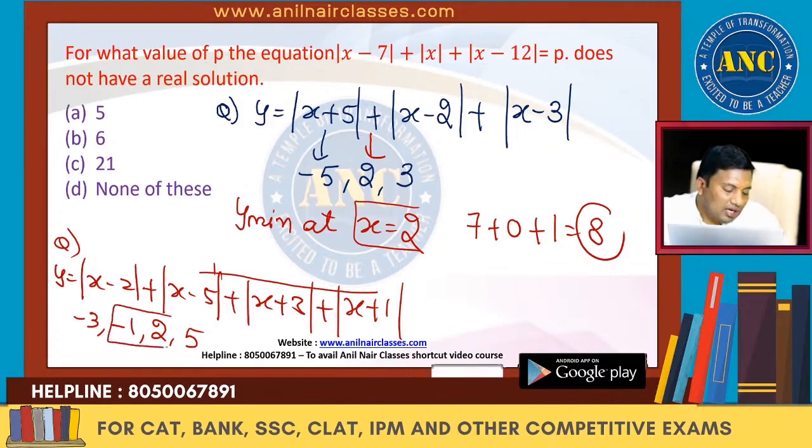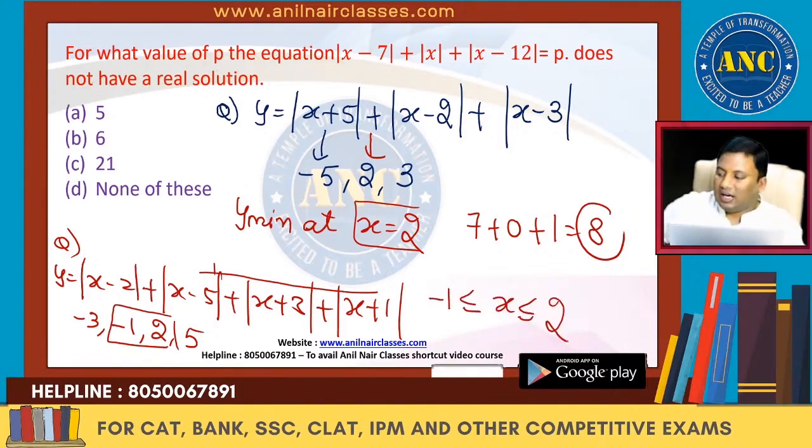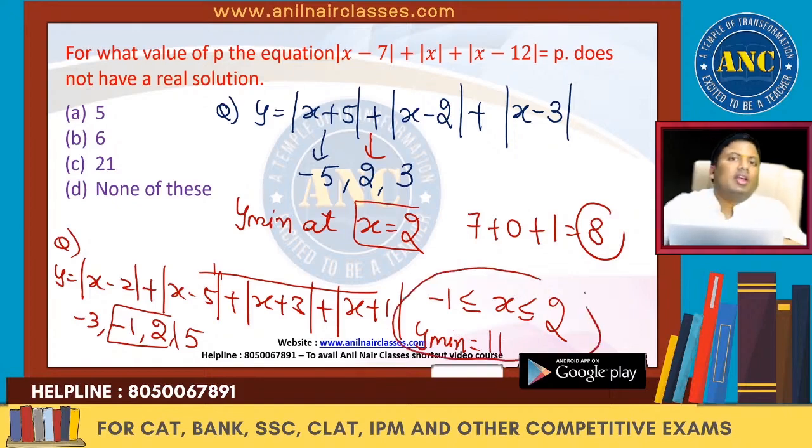So the range will be minus 1 less than or equivalent to x less than or equivalent to 2. Substitute minus 1 to 2. So let me substitute 0. 2 plus 5, 7, 10, 11. Y minimum will be 11. I hope the idea is clear. To find out how many integral values x can take depending upon the equation, write it down in ascending order. You will keep getting the answer.